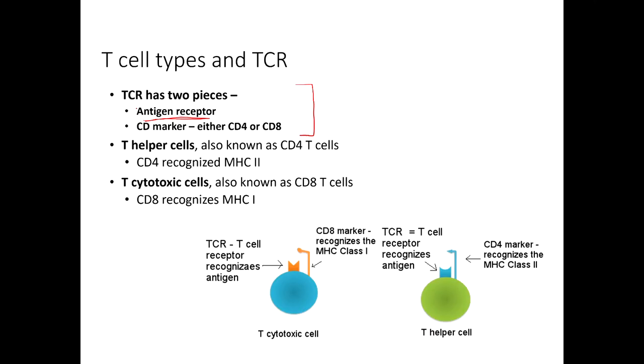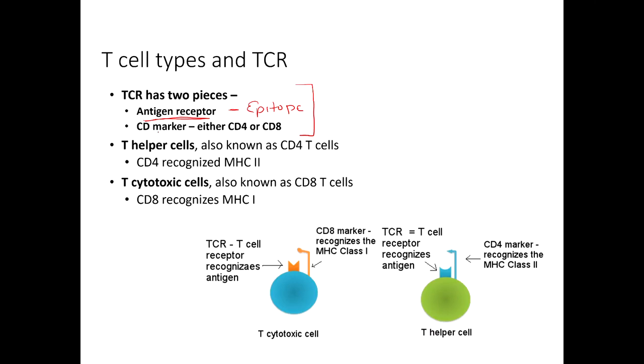So if you'll recall in part 1, we talked about the fact that an APC, an antigen presenting cell, is going to then take and put a piece of antigen on its surface using an MHC marker. So the antigen receptor is going to recognize the epitope that is on that APC.